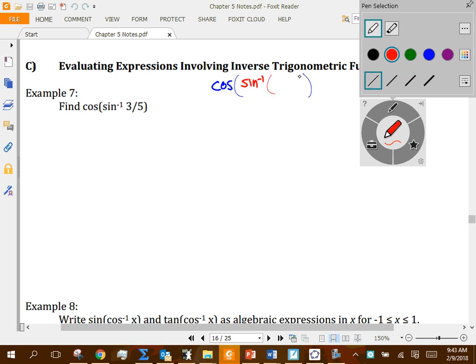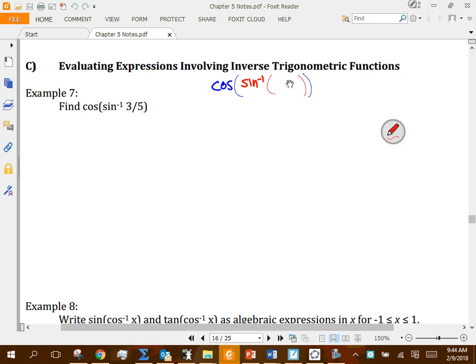Now, my question is, sine inverse, whenever you take the inverse, what is this argument? What object is this? Is it an angle or is it a ratio? It's a ratio. Okay? So if I'm working inside out, I have sine inverse of a ratio.